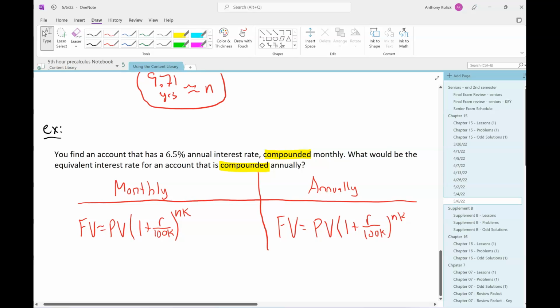All right. Now we haven't been given a ton of information here, so we're going to have to be a little bit clever with how we interpret things. So where is the 6.5 going to go? R for which situation? Monthly. So also for the monthly we have the K.